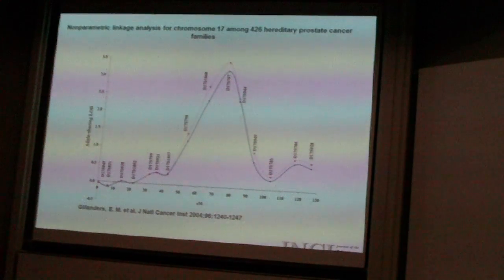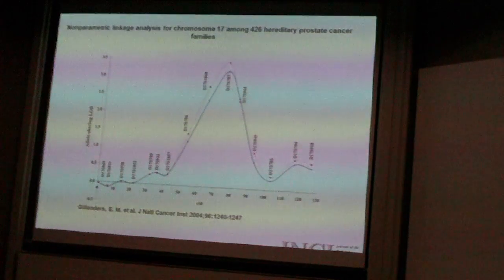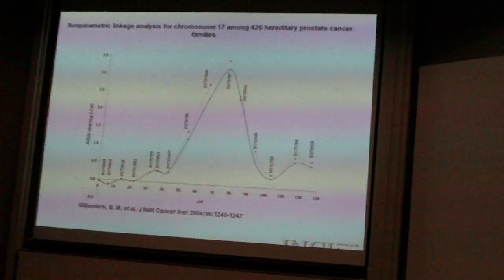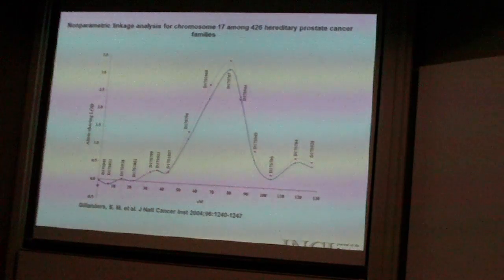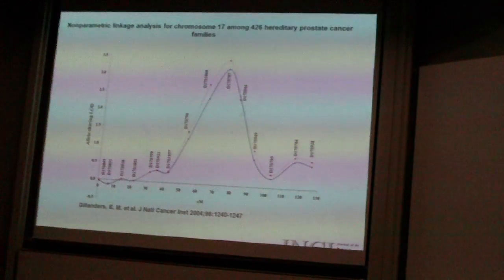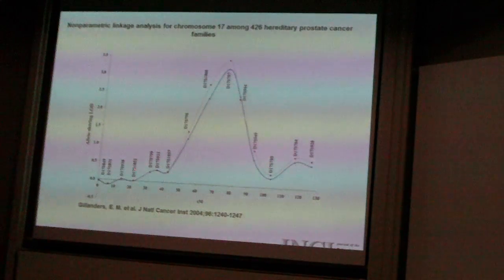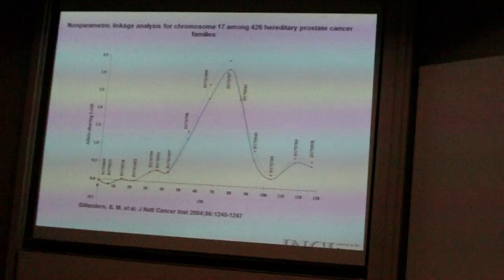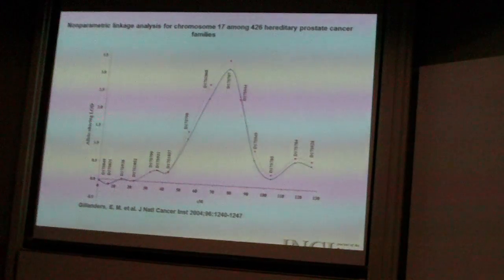So this is a typical outcome of such a genetic analysis running out of the computer. It doesn't matter what kind of disease, this is just an example. It shows you this plot with distance in centimorgans, so genetic distance, and it shows LOD scores.